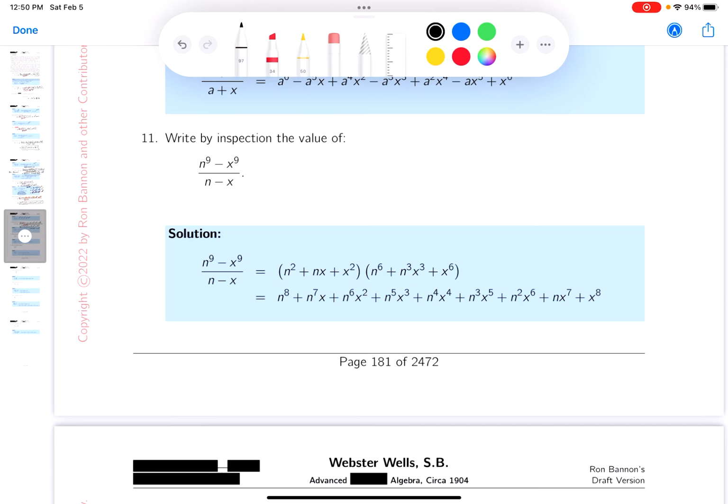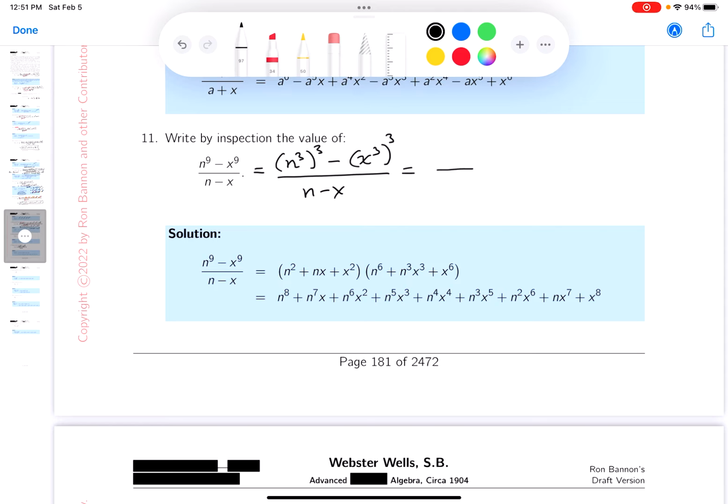I'm going to say this is n cubed minus x cubed, and of course, this is all over n minus x. My objective, though, is to factor that top.